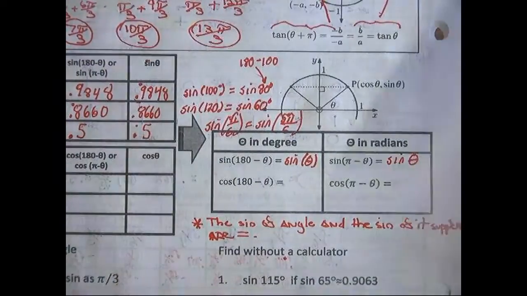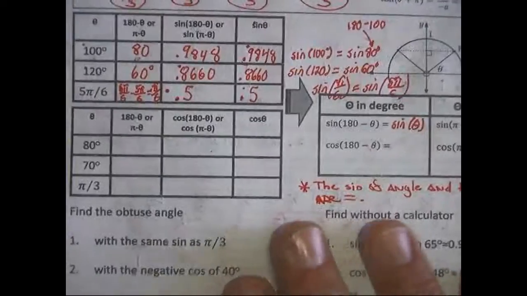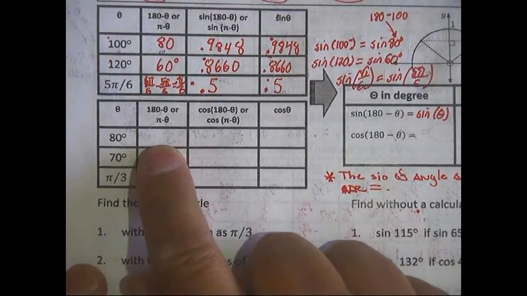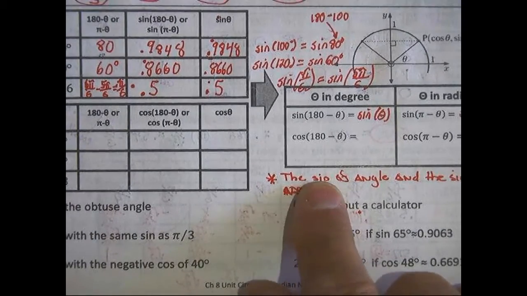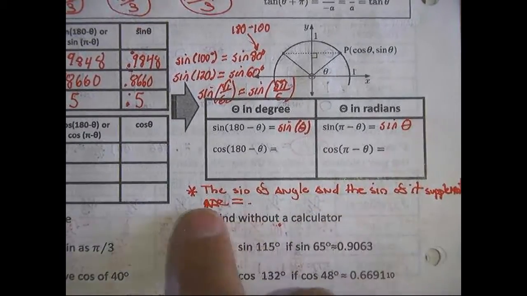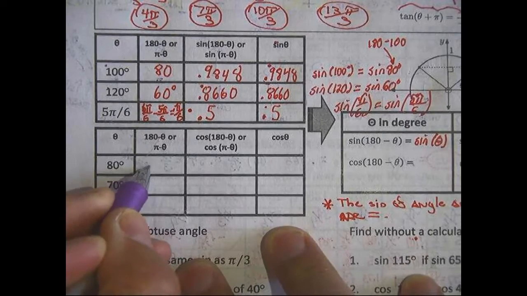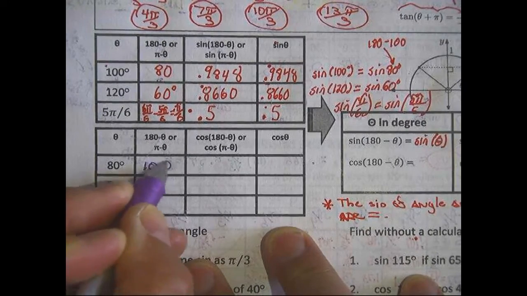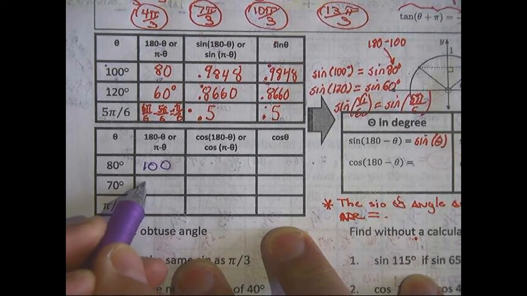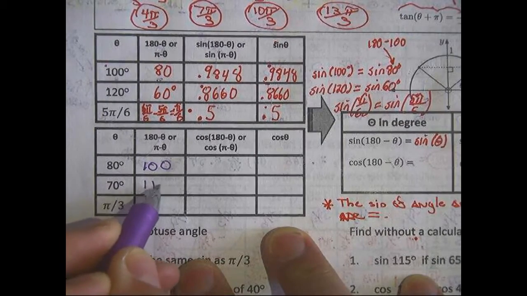All right? Now, is it true for cosine? Is the cosine of an angle and the cosine of its supplement equal? Well, let's see. So this would be 100. This would be 100. This would be 110.